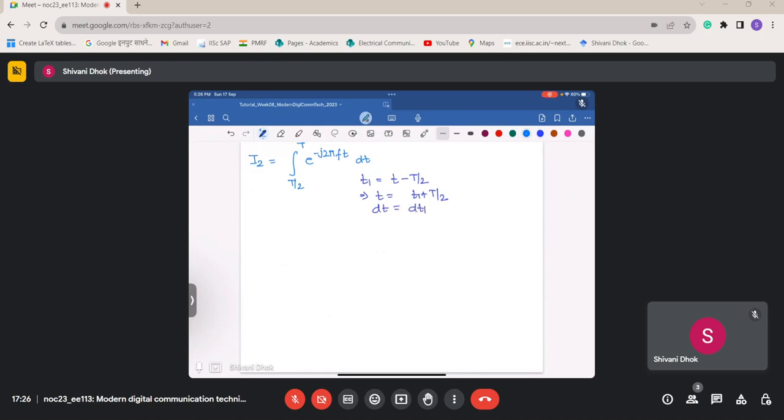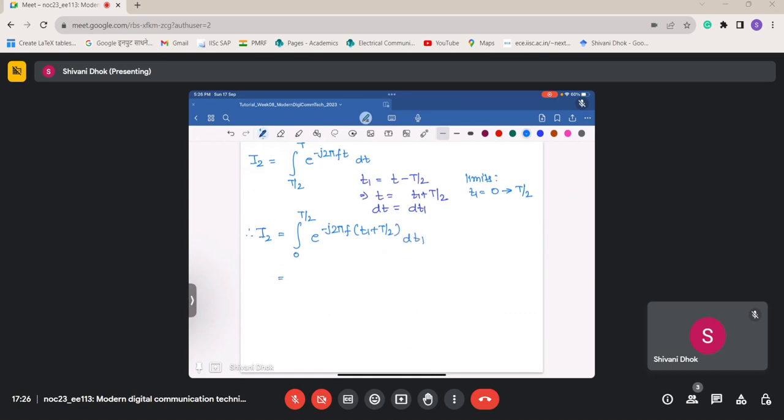If that is the case, then limits change from t1 equal to 0 to T by 2. Okay, so therefore this I2 now becomes integral 0 to T by 2 e power minus j 2 pi f (t1 plus capital T by 2) dt1.